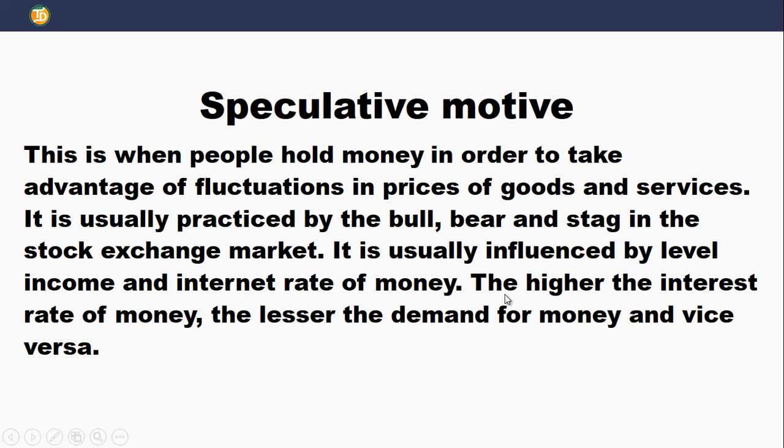They hold money so as to take advantage of fluctuations in prices. The speculative motive is influenced by the interest rate of money. The higher the interest rate of money, the lower the quantity of money that will be demanded, and vice versa.